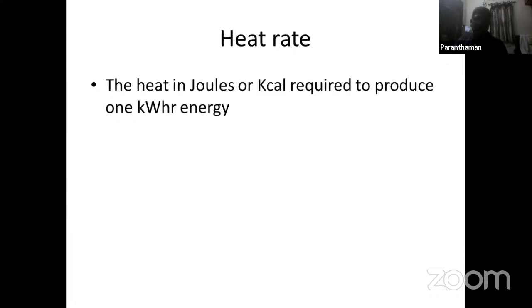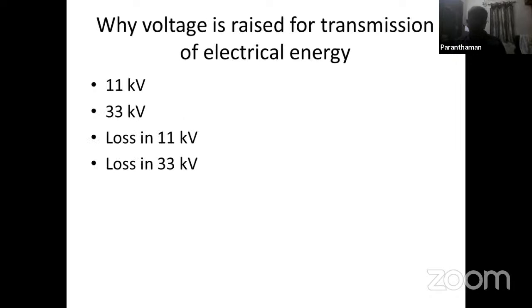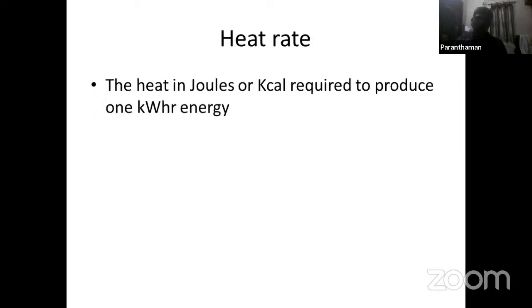Okay, sir. To start with, the first and foremost question: why are we increasing transmission voltage? We are transmitting now up to 400 kV.